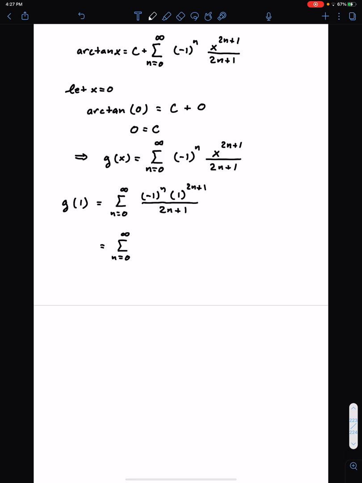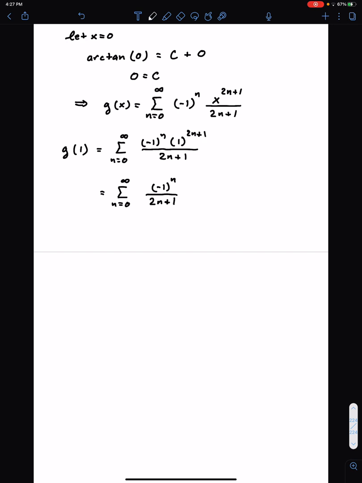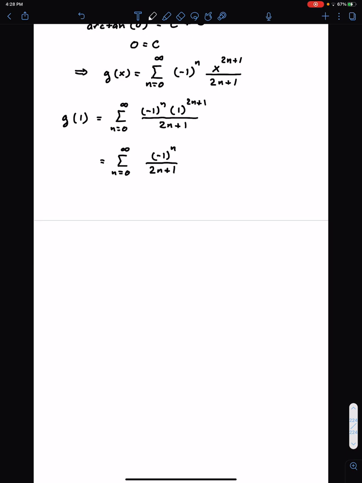Which is equal to the sum from 0 to infinity of negative 1 to the n divided by 2n plus 1. On the left side, arctangent of 1 is equal to pi over 4. So pi over 4 is equal to, if n equals 0, the first term is 1.